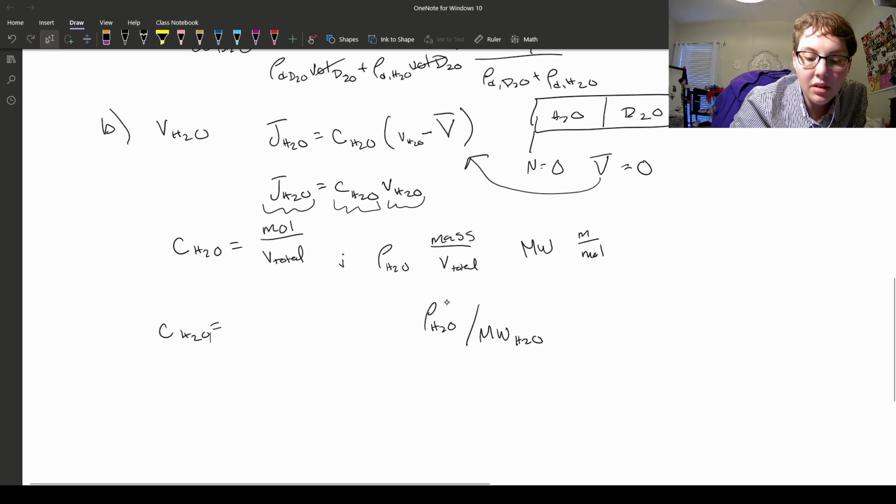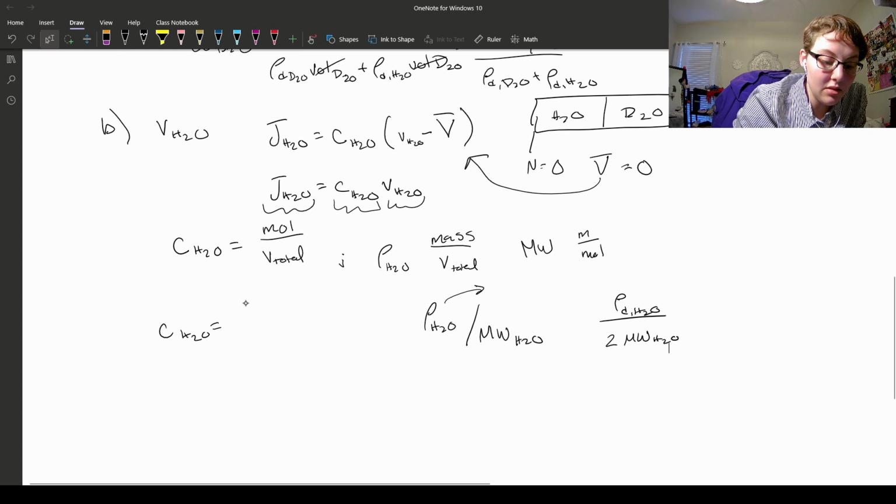We're also going to input our density instead of mass concentration, so we'll replace that with density of H2O divided by 2 times the molecular weight of H2O. And then the same can apply to D2O.